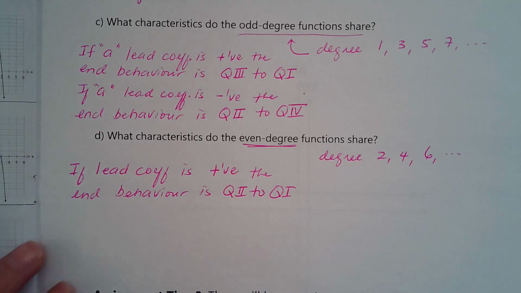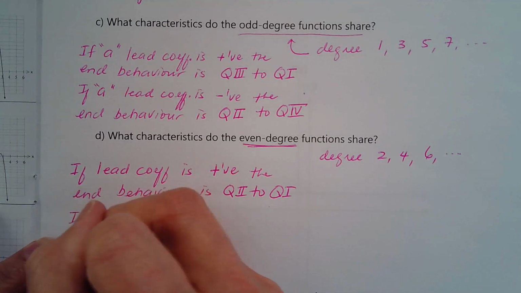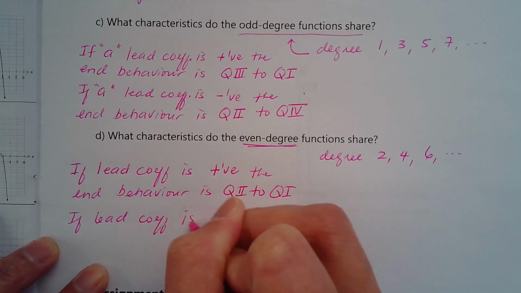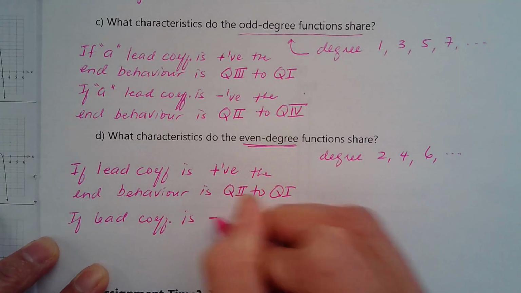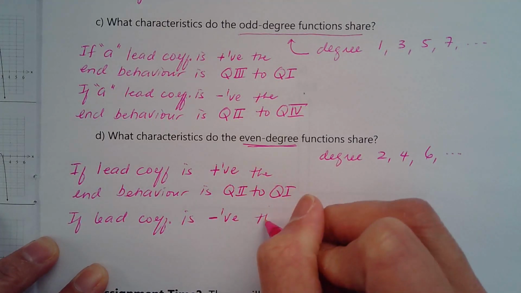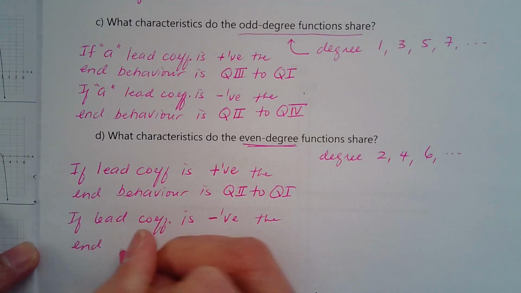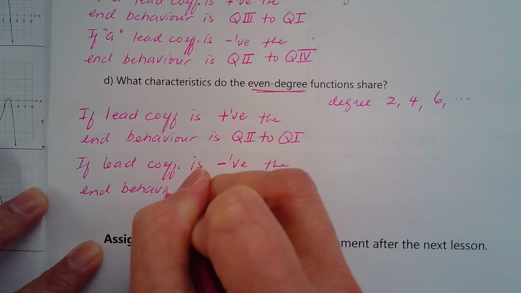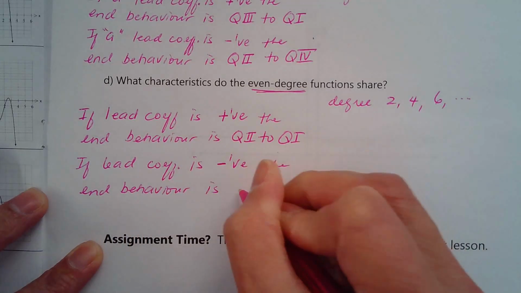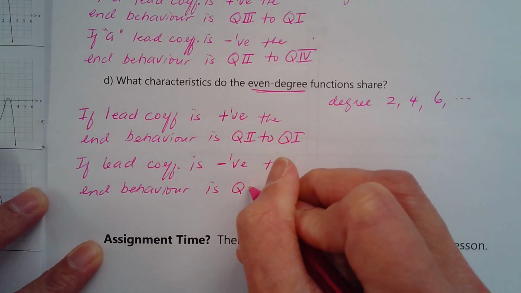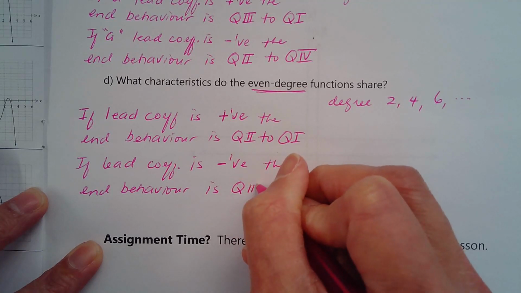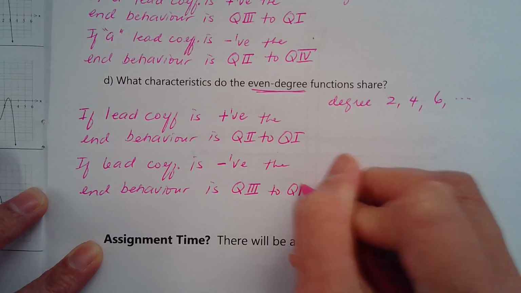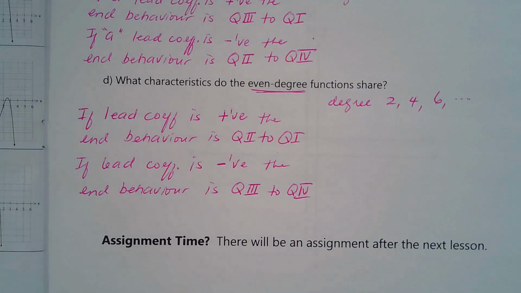Now, if the lead coefficient is negative, the end behavior is quadrant 3 to quadrant 4.